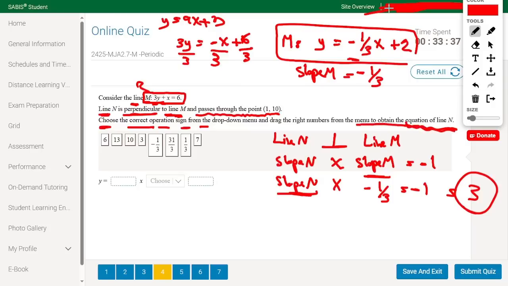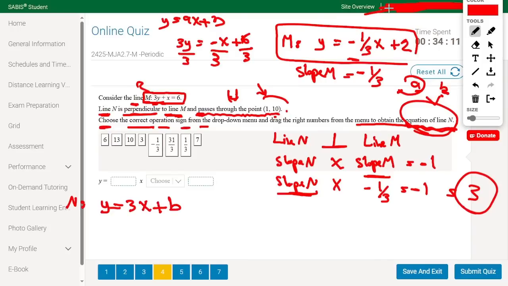Equation of line N: if we need to get the equation of line N, we need to get two things, the slope, which is A, and B. Now the slope we get because the line is perpendicular to M. Now we need to get B. We have that line N passes through the point (1, 10), so we substitute this point in the equation and we'll get B. Now we got the slope, so y will equal 3x plus b, and line N passes through the point (1, 10), right?